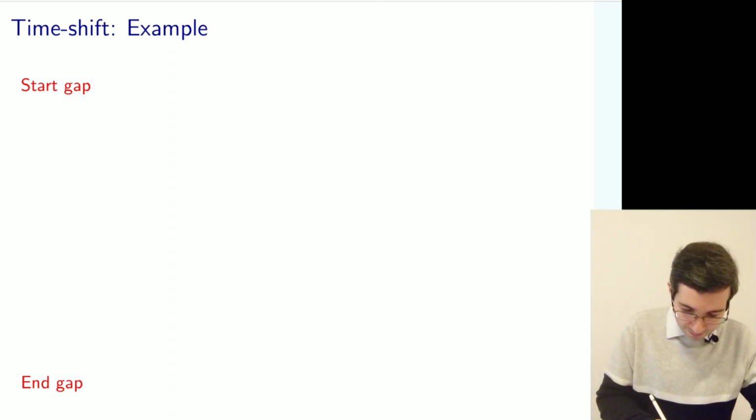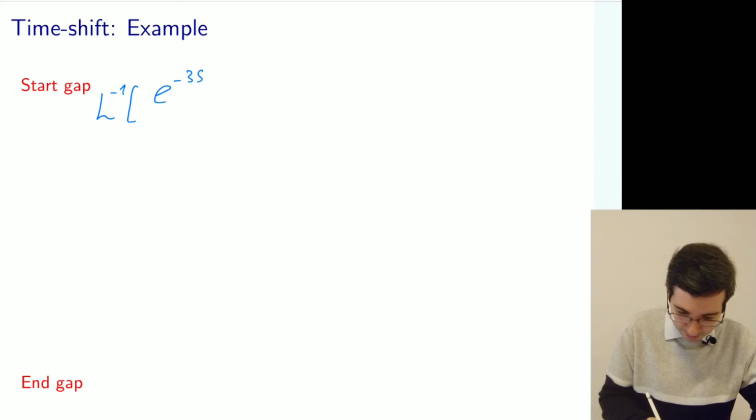So we're asked to find the inverse Laplace transform of the exponential to the power of minus 3s over s squared.